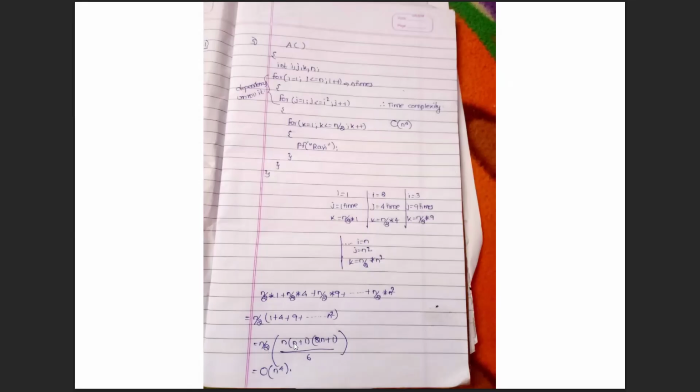So here the tightest upper bound is order of n power 4. So take the tightest bound and it will run the loop up to order of n power 4 and it will print this value within order of n power 4 times. So the time complexity for this program is order of n power 4.